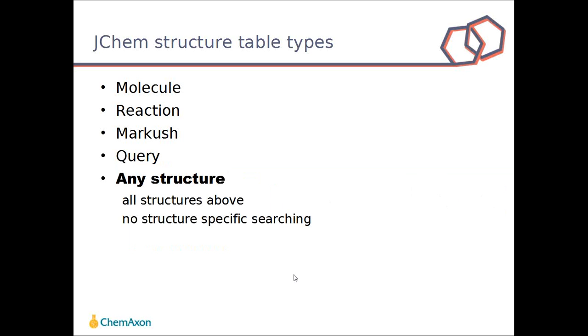And any structures can contain all the stuff above, but it's not guaranteed that the specific features are handled. So in Markush tables, it's guaranteed that we can handle these features and find structures that are contained in the Markush library. If you insert them in any structures, this property is not guaranteed, and it can store any kind of structure.